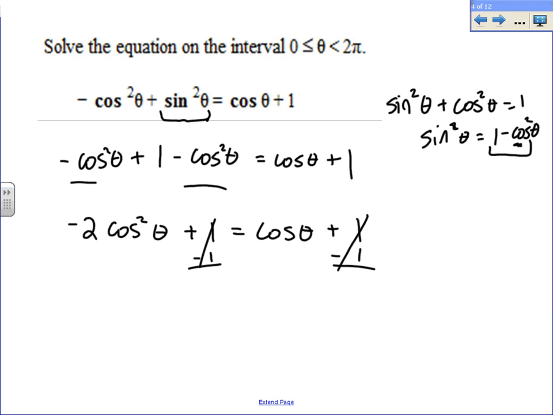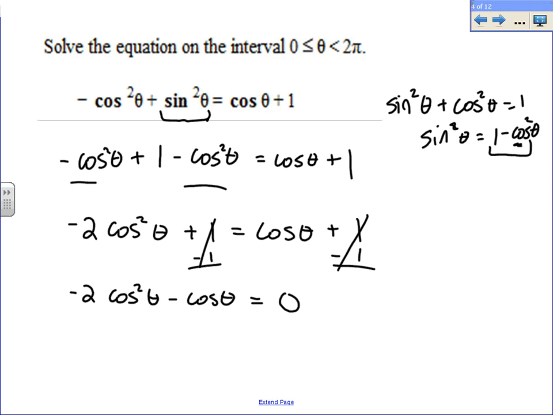Now, again, I'm going to set it equal to 0 because I've got a quadratic form here. So you have negative 2 cosine squared theta minus cosine theta equals 0. And now I can use factoring here because I can factor out a cosine theta.